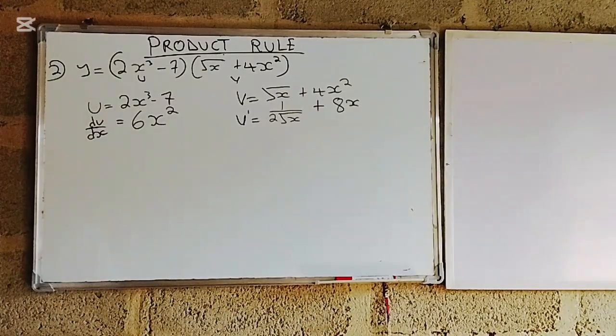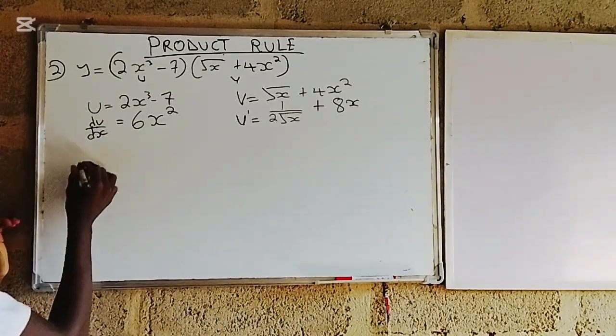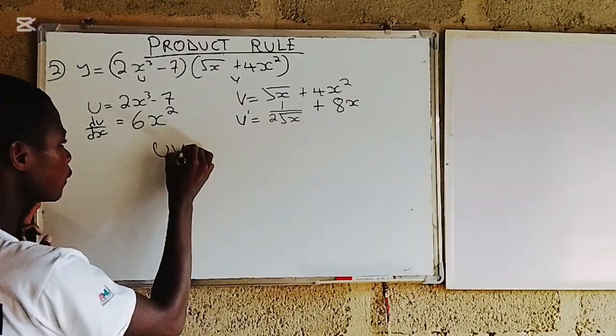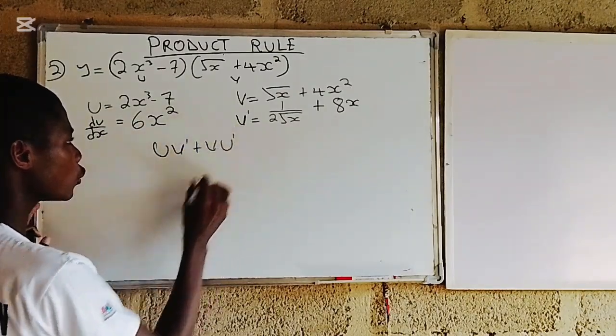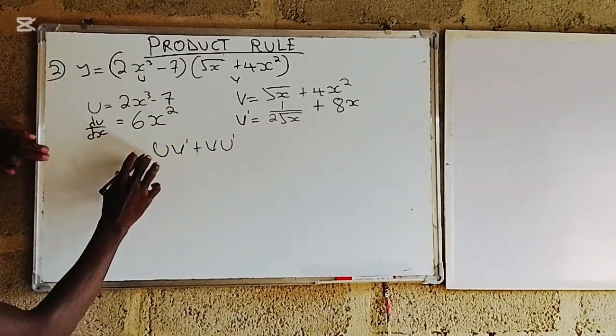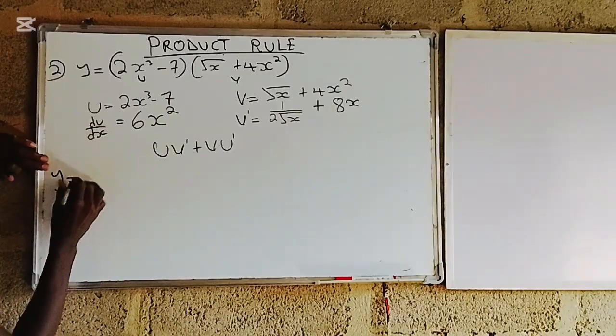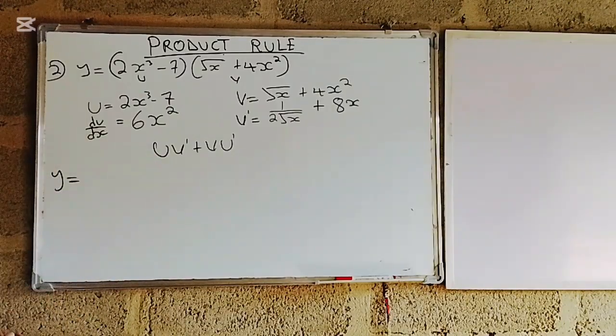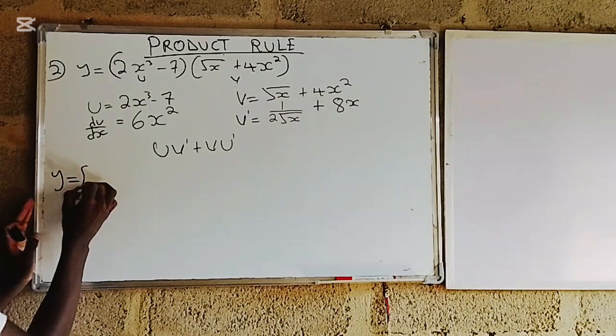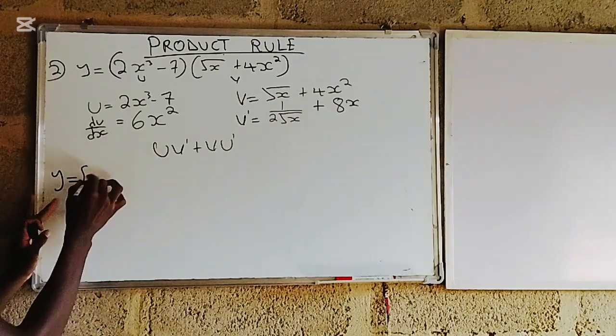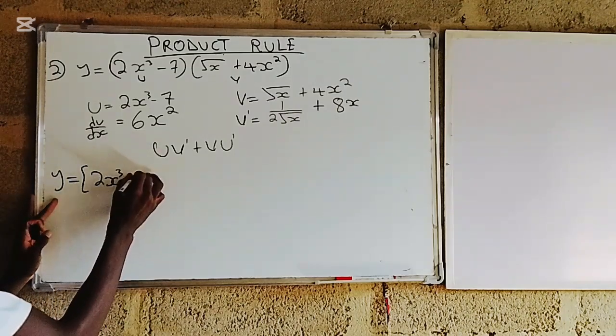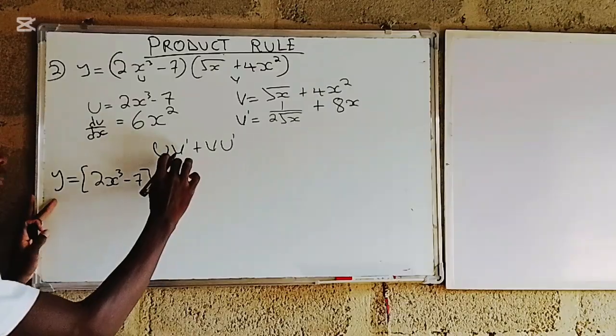So the next thing that I'm going to do, I have to substitute. According to the formula uv prime plus vu prime, what is the value of u? So the general solution should now be equal to the value of u, which is 2x cubed minus 7, and plus v prime.